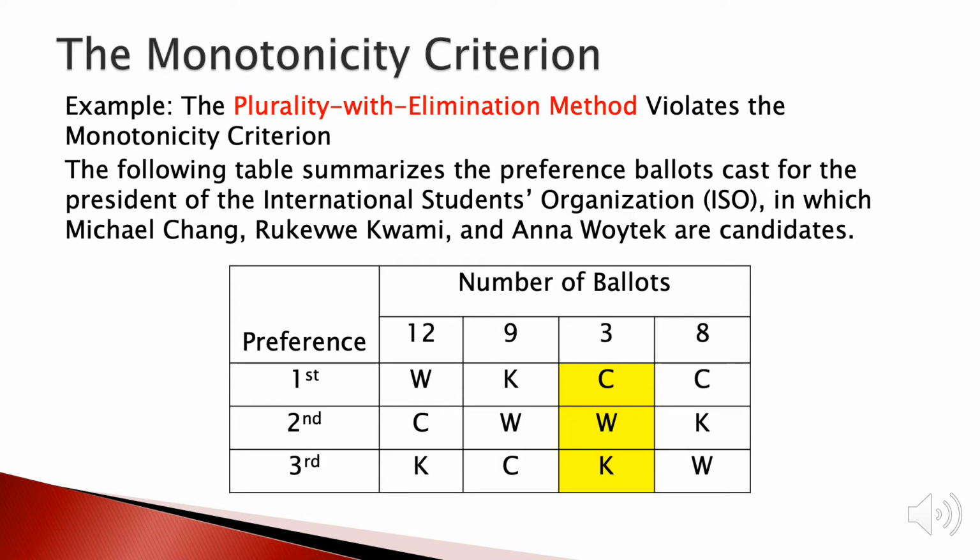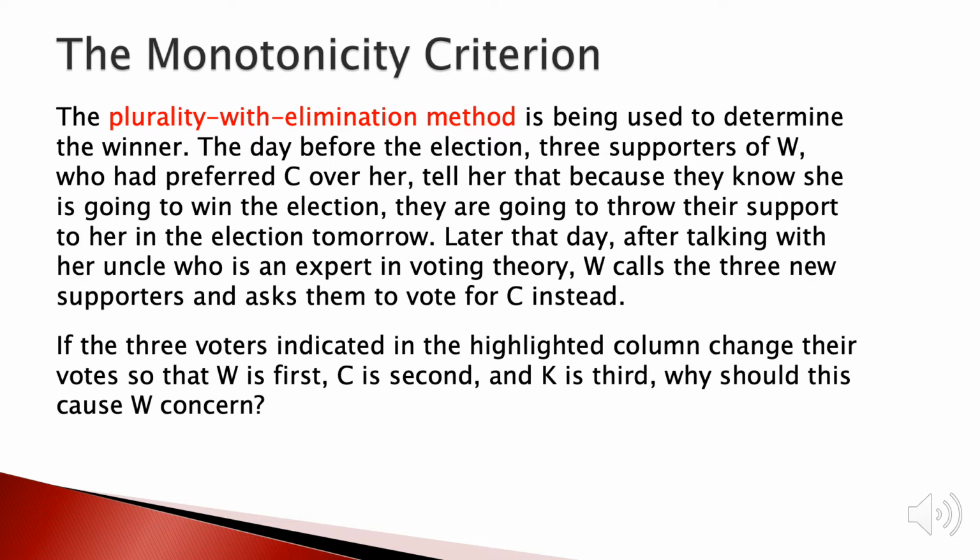We use an example to explain this and see how the plurality with elimination method violates this criterion. The preference table here shows an election among C, K, and W. We first apply the plurality with elimination method to determine the winner. Then, 3 voters who previously preferred C are going to change to support W. But after some consideration, W asks the 3 voters to continue to vote for C instead.